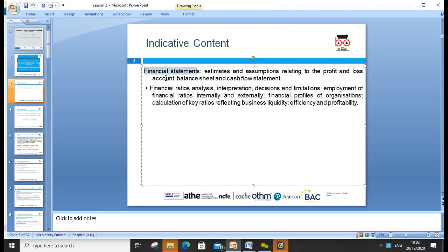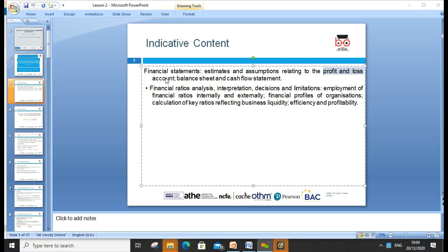So we'll discuss financial statements. How many do we prepare? We prepare profit and loss, also known as the income statement. Second is the balance sheet. The balance sheet shows assets, liabilities, and capital.